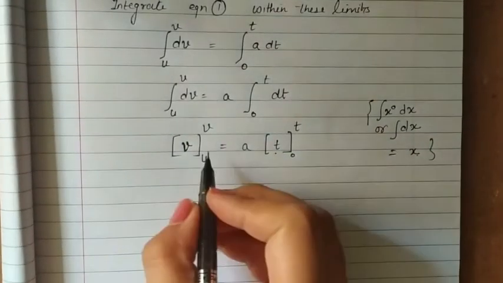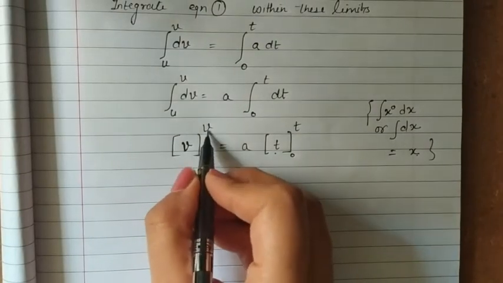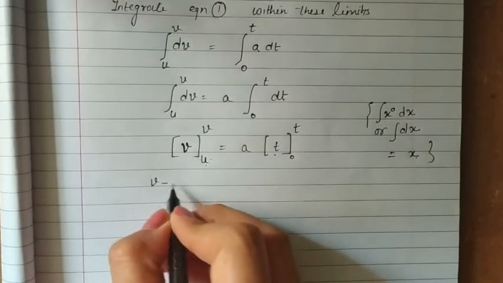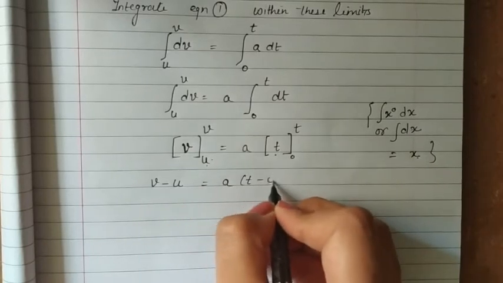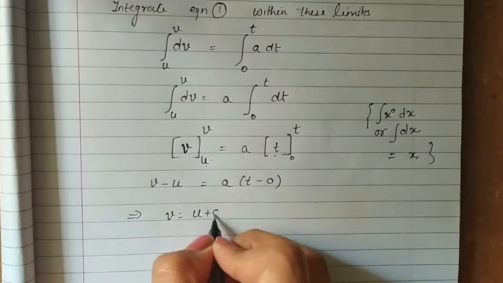So on applying limits, we have to apply final limit first and then initial limit. So final limit minus initial limit, it will be v minus u is equal to a into t minus 0, and on solving we get v is equal to u plus a t.